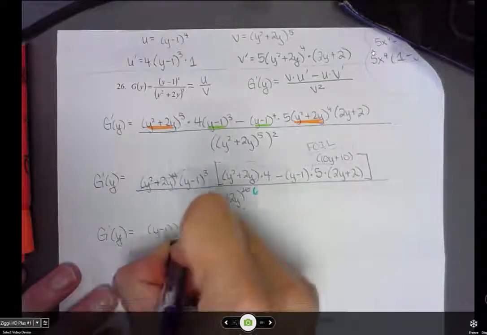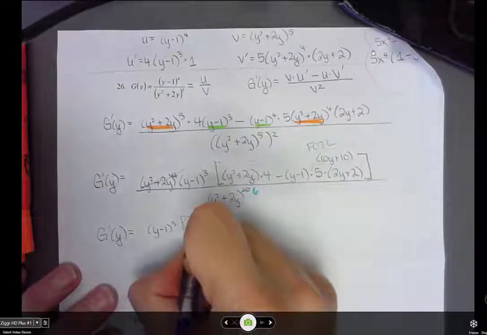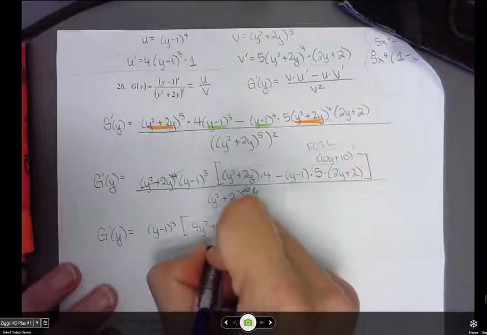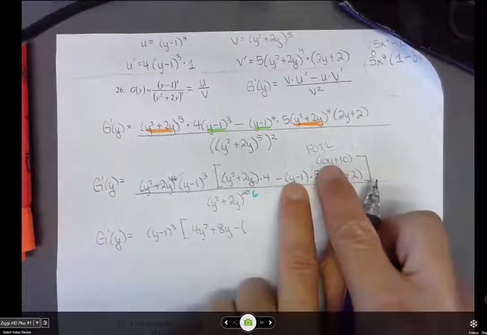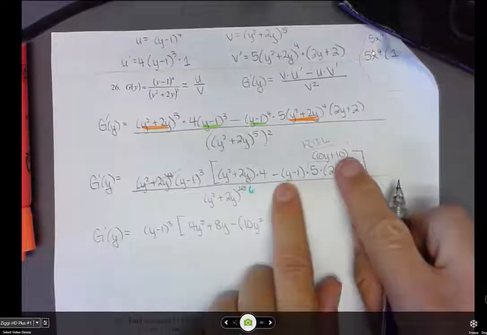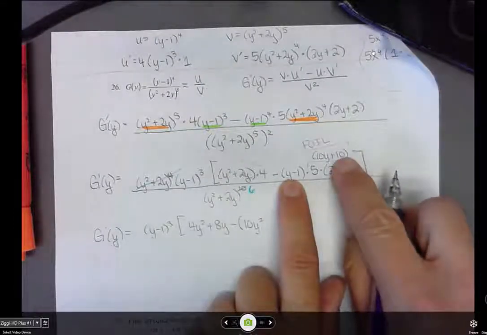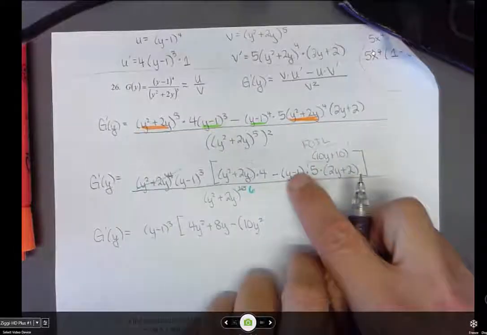Okay, so I have 4y squared plus 8y minus, so if I do FOIL here, so y times 10y, 10y squared. Outsides would give me plus 10y, insides would give me minus 10y, so they cancel. And then minus 1 times positive 10 would be minus 10.